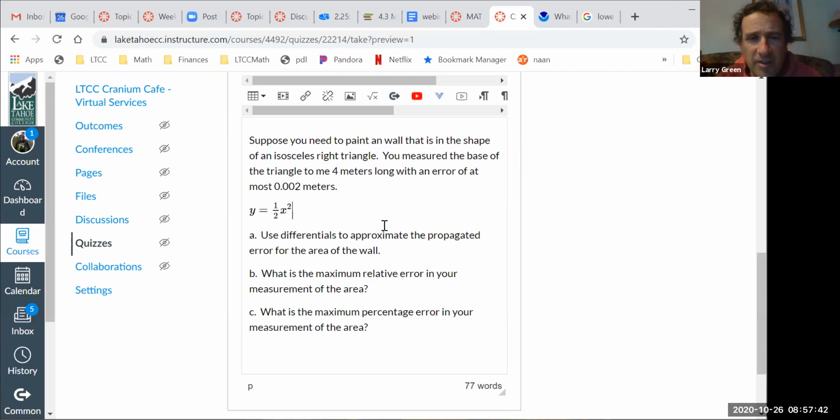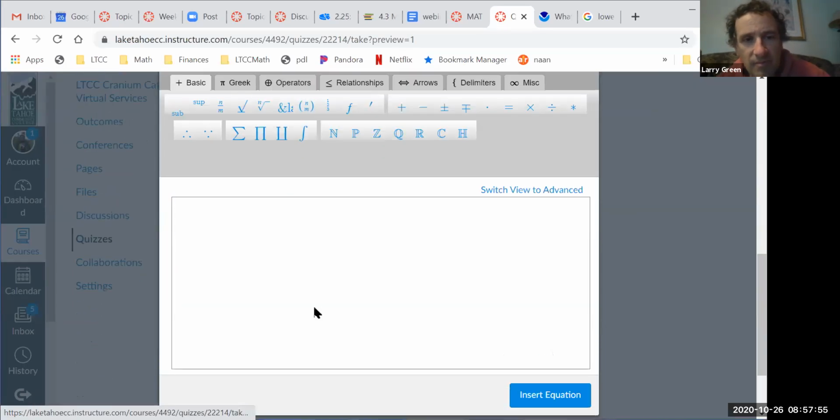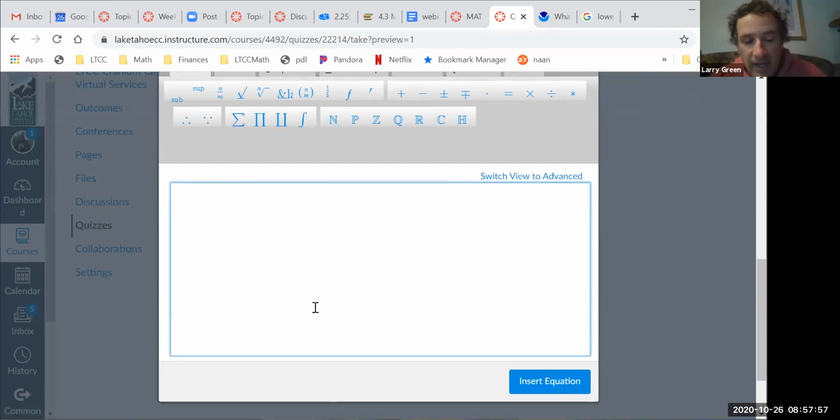We want to use differentials to approximate the propagated error for the area of the wall. Let me remind you that dy is equal to y prime dx. Any questions on that formula?